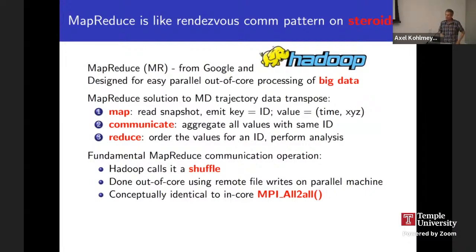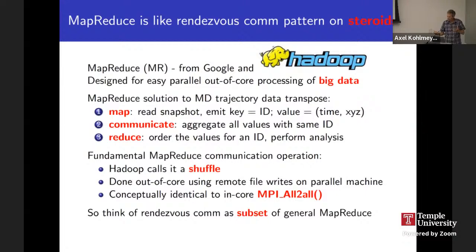You could do any kind of MPI communication, but that shuffle is conceptually identical to an MPI call. In MPI you have to identify the processor, as opposed to just putting them in the cloud and letting them land. But with that, data gets shipped out to other places, and because of the way I organize the MPI all-to-all, I'm making sure everything with the same key, the atom ID in this case, aggregates on the same processor.